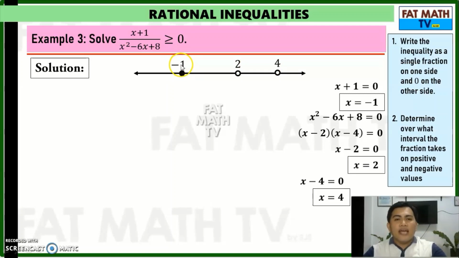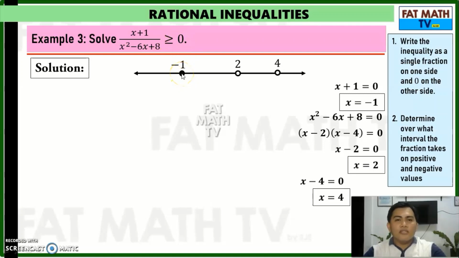Okay. So -1 here is a solid circle. That means to say -1 is part of the solution since this is greater than or equal to 0. And a value of x equals -1 will make the numerator 0 or the entire fraction equal to 0.